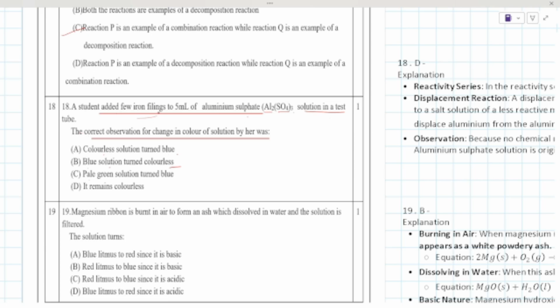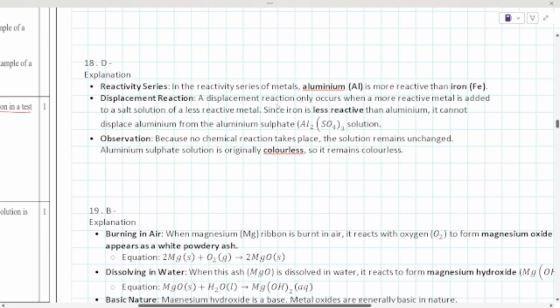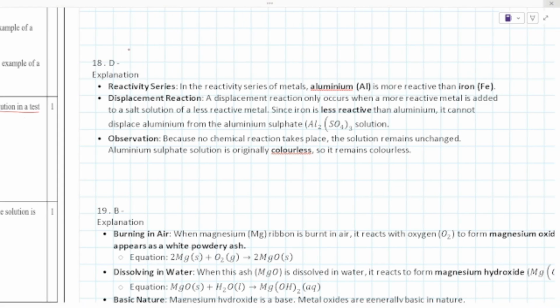Aluminum sulfate, Al2(SO4)3. The correct observation, I think, will be that it remains colorless. Okay. Let's see the explanation. Option D is correct. In the reactivity series of metals, aluminum, Al, is more reactive than iron, right?